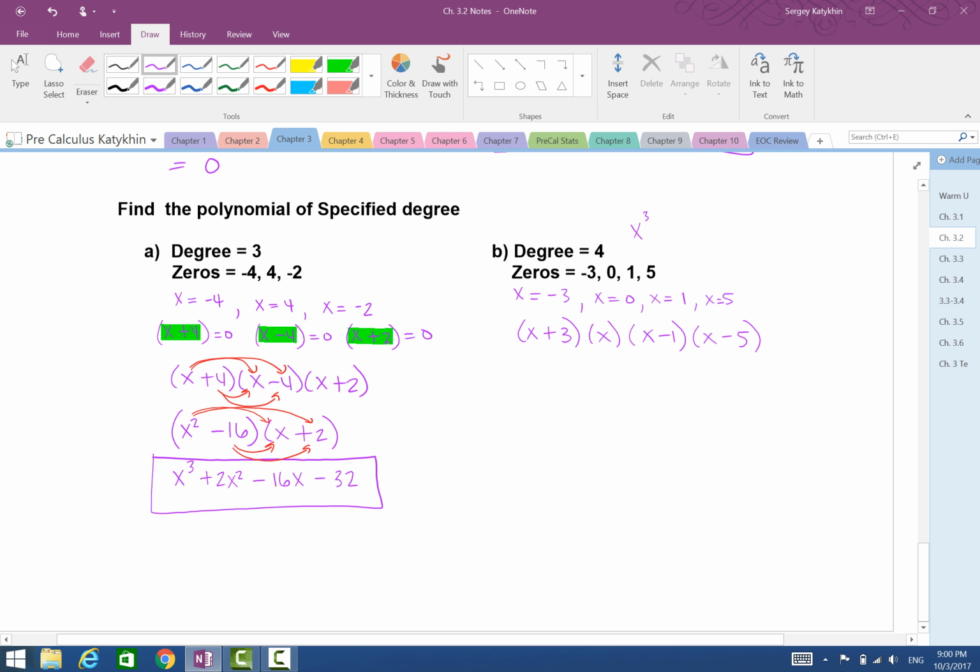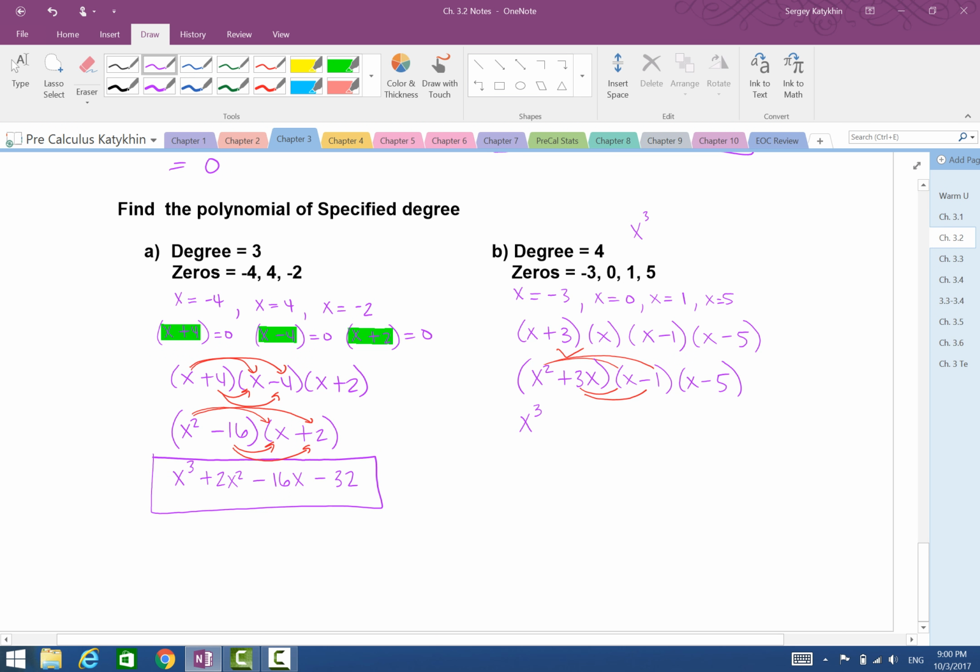So let's start easy. X times x plus 3 will give us x squared plus 3x. That would be my two factors multiplied together. Then I have x minus 1 and also x minus 5. So let's use the distributive property to multiply these two. We get x times x, x squared times x, which is x to the third.